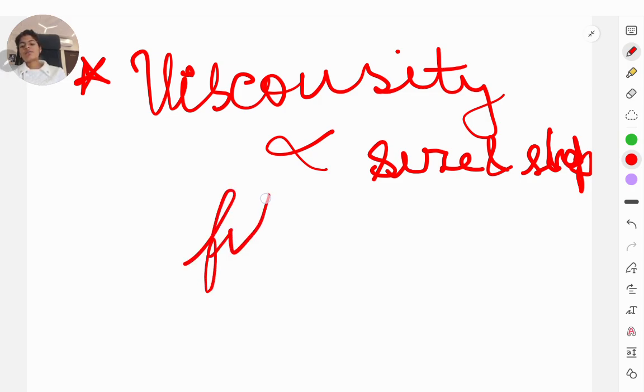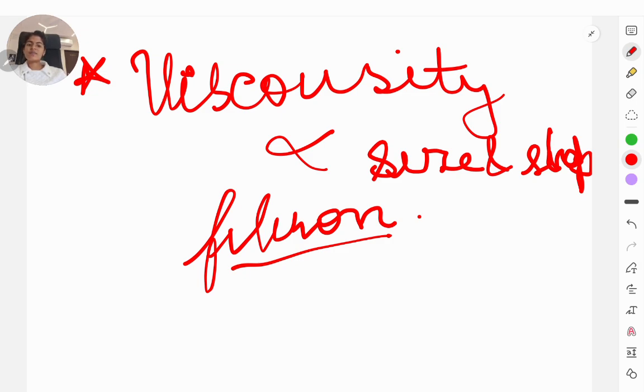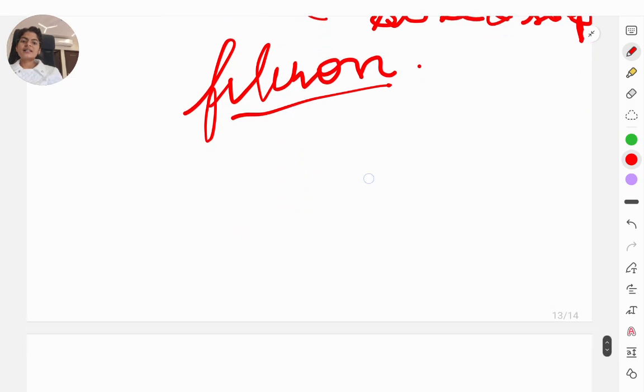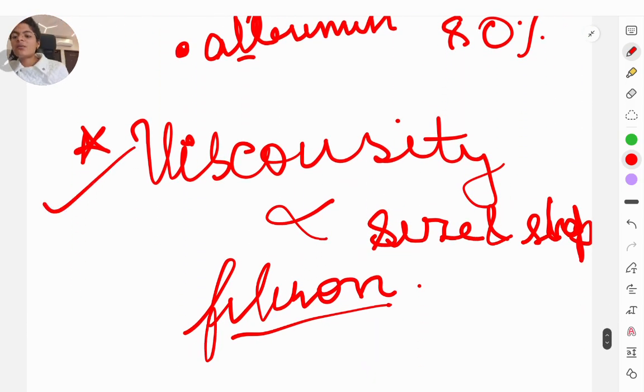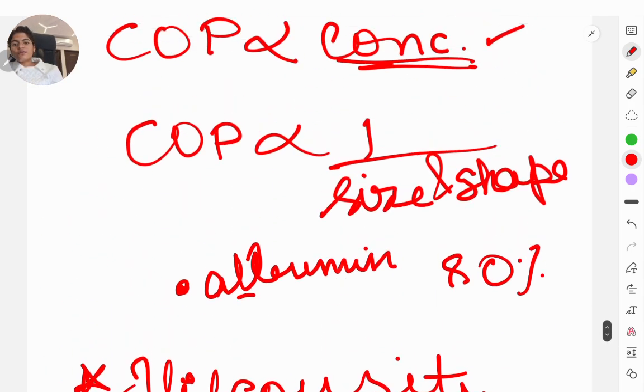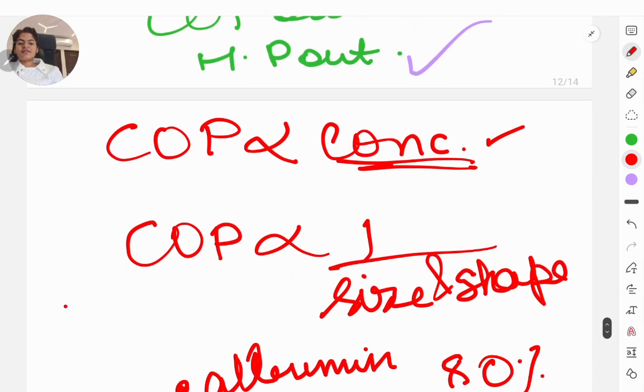But 80% of the content of the blood is albumin, and thereby a very trace amount of fibrinogen is present. Thereby it contributes most per molecule, but the blood has less viscosity. Clear?